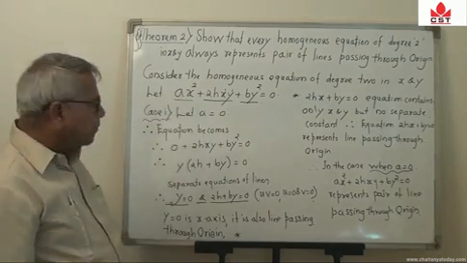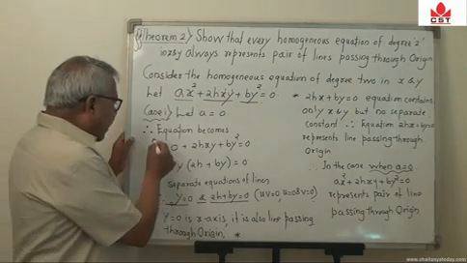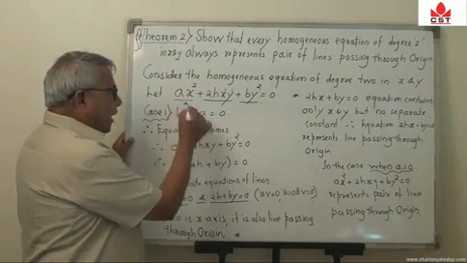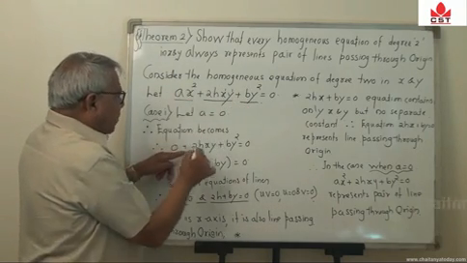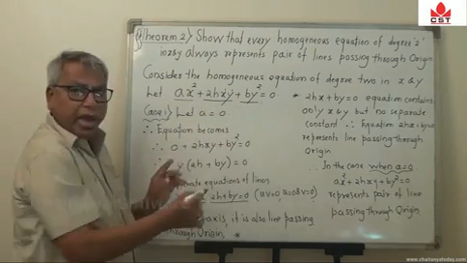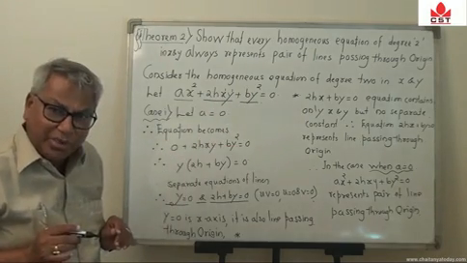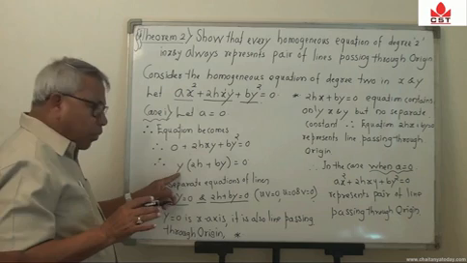Case 1, a is equal to 0. What will happen then? This equation becomes 0 plus 2hxy plus by square is equal to 0. Are you comfortable about it? Then take the common y.